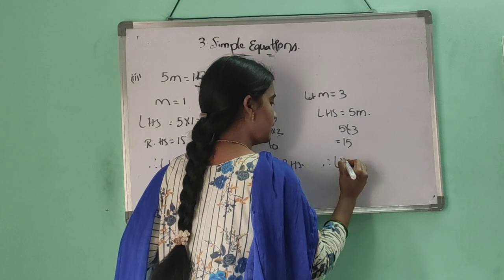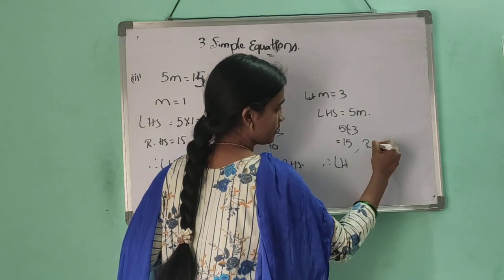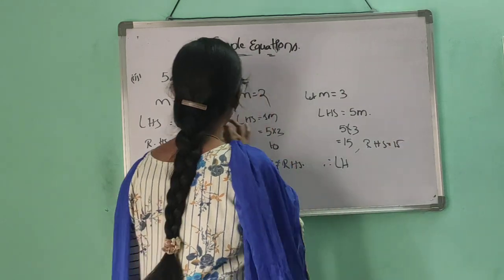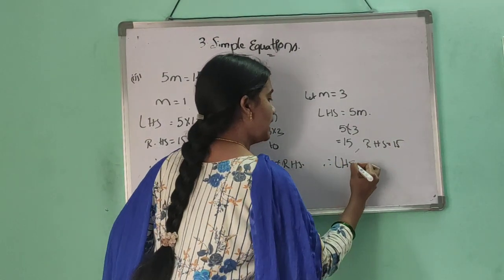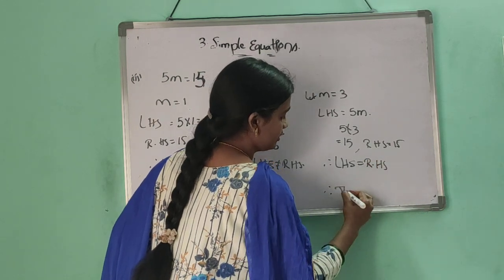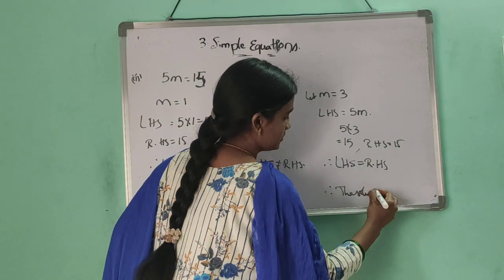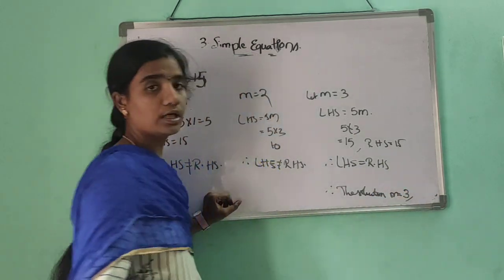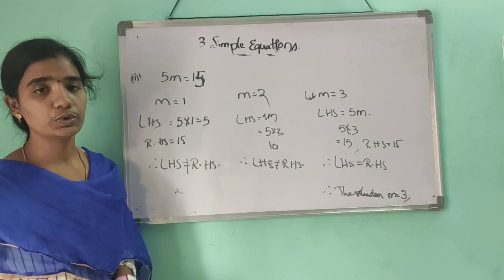RHS is also 15. So LHS is equal to RHS. So the solution is m equal to 3.